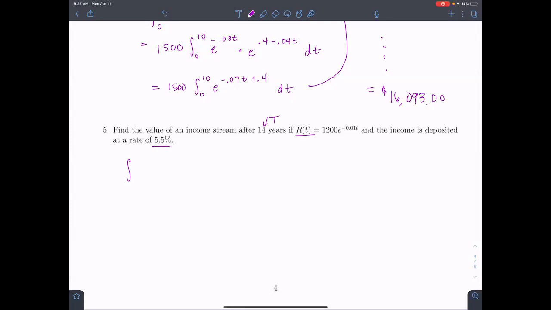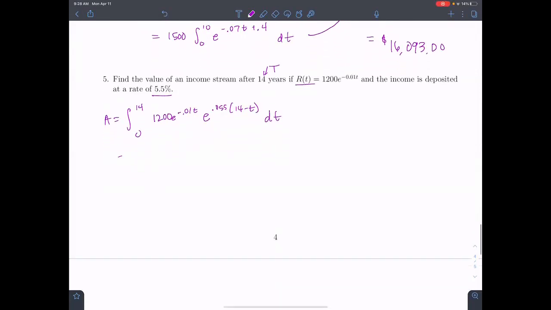So we're going to do the integral from 0 to 14 of 1,200 e to the negative 0.01t times e to the 0.055 times 14 minus little t dt. Put that 1,200 on the outside, and we're going to try to add like terms for our exponents here. 0.055 times 14 is 0.77.